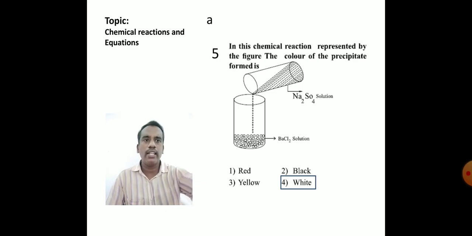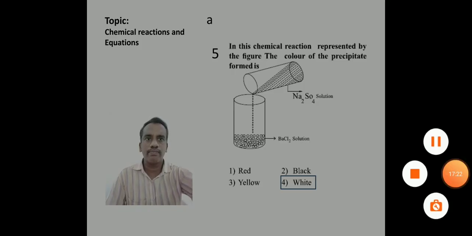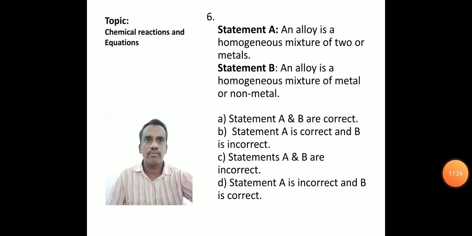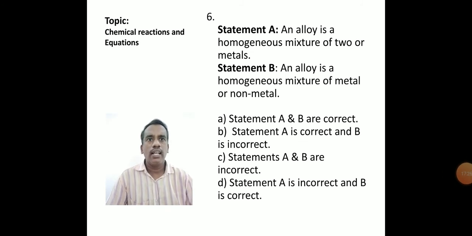Let us check the next question. Two statements are mentioned here, statement A and statement B. Statement A: an alloy is a homogeneous mixture of two or more metals. Statement B: an alloy is a homogeneous mixture of metal or non-metal.